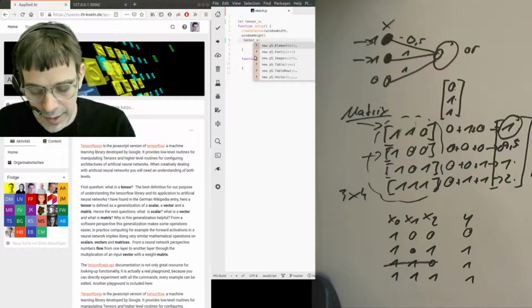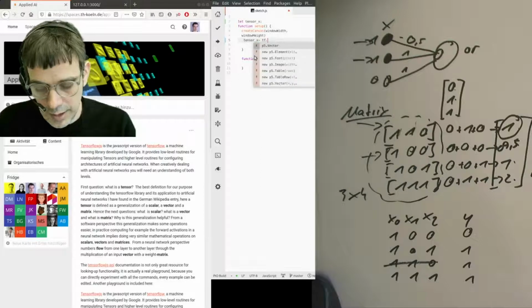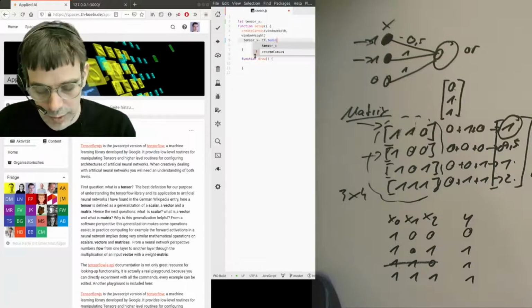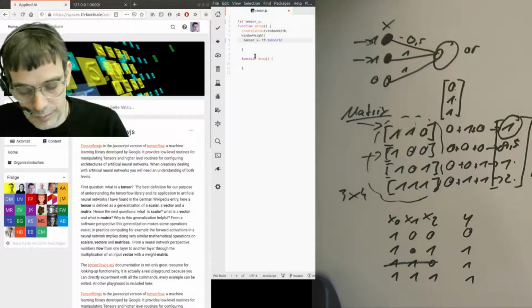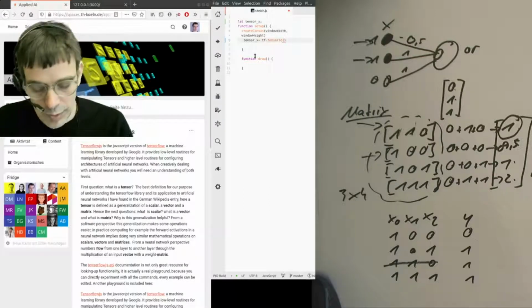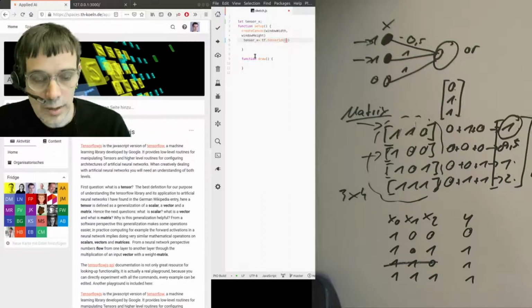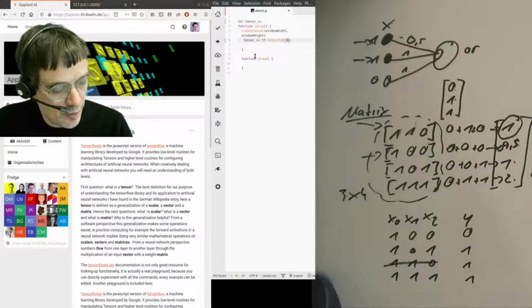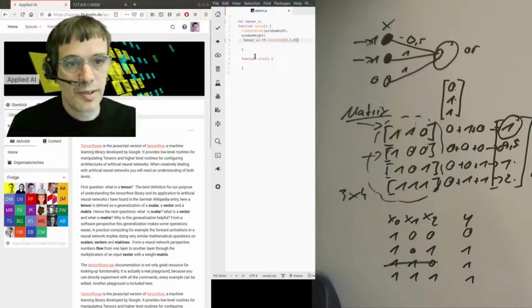We define it as a TensorFlow tensor 1D, and all we need to do is specify these 3 numbers: 1, 1, 0.